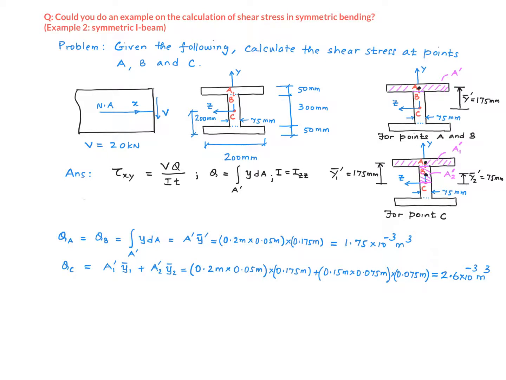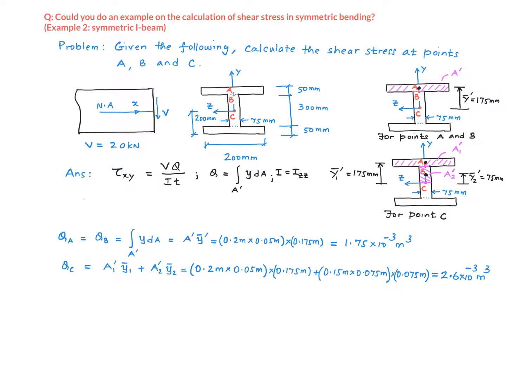So here are the details of the calculations of the values of Q for the 3 points, points A, B, and C. For both points A and B, we have the same shaded area, and therefore Q's are going to be the same. This integral is also equal to A prime multiplied by y bar prime, where A prime is the area, and y bar prime is the distance of the centroid of the shaded part, measured from the center of the beam C, which is 175 millimeter.